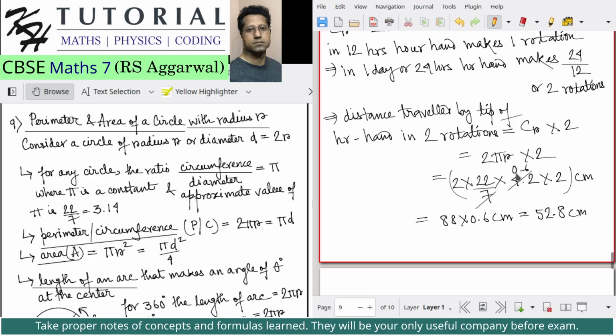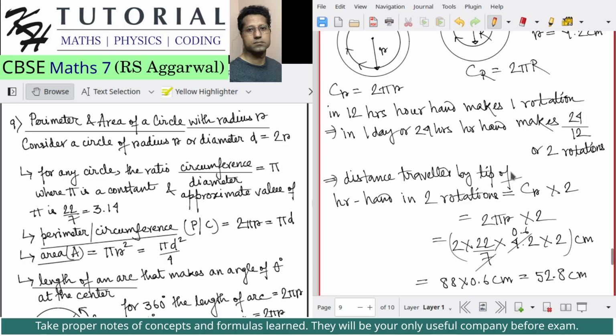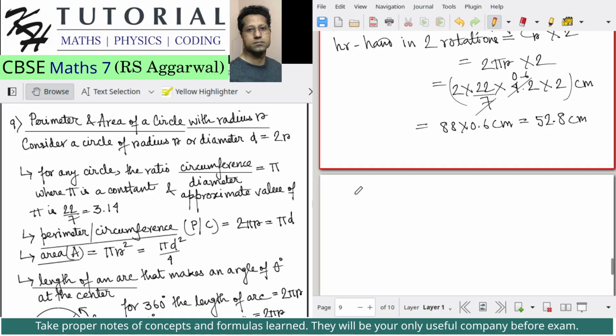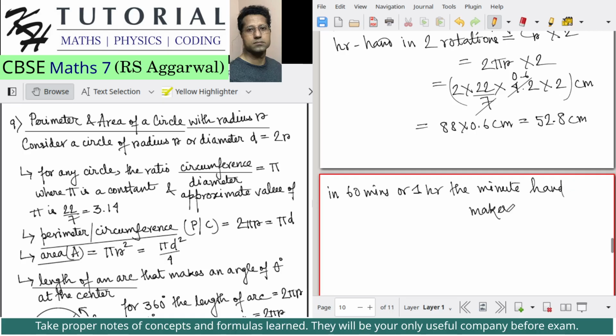So similarly, we have to find the distance traveled by the tip of the minute hand. Okay, so we know that in 60 minutes or 1 hour, the minute hand makes one rotation.